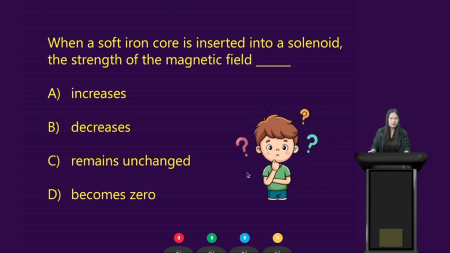I'm giving you 20 seconds to respond to this question. Your time starts now. When a soft iron core is inserted into a solenoid, the strength of the magnetic field increases, decreases, remains unchanged, or becomes zero. So A, B, C, D, which of these options is the correct answer?